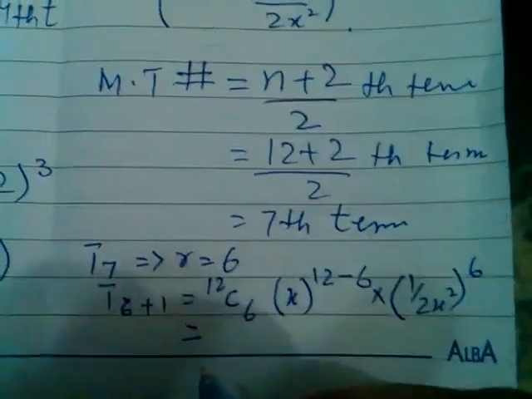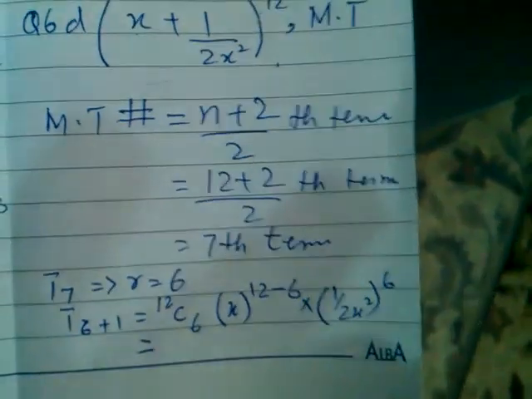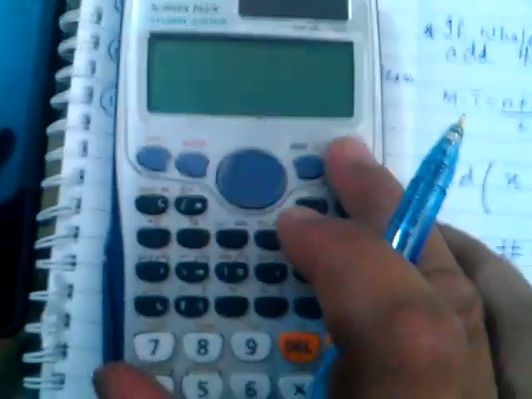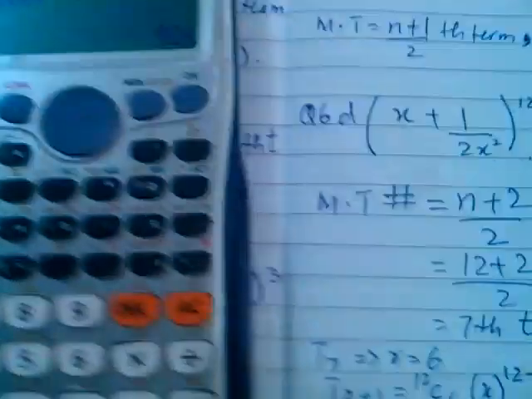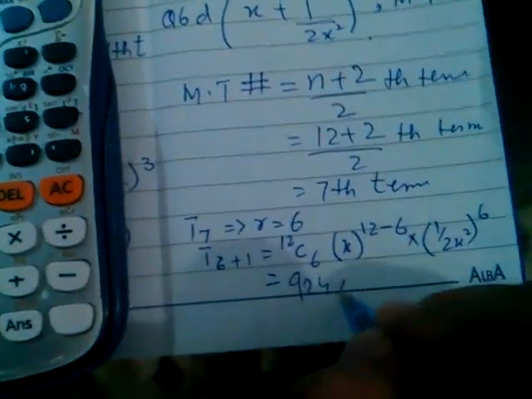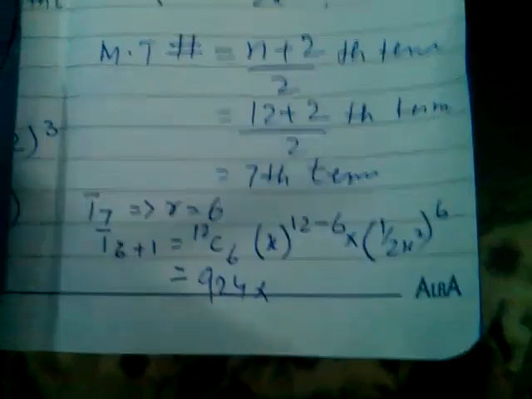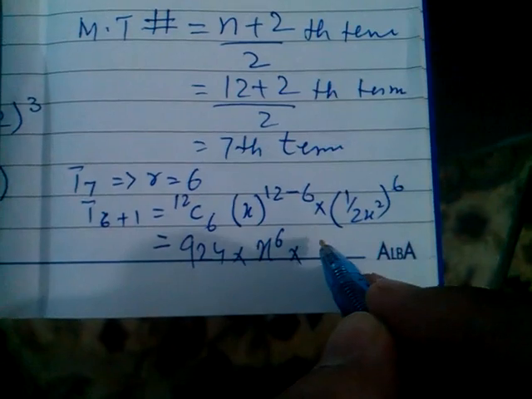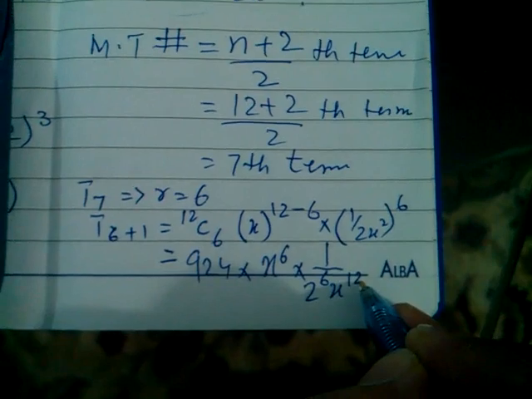Now I am going to simplify it. When I simplify this one, I am going to use my calculator. First of all 12C6, and the answer is coming 924. Multiply by, when I expand this part, x power 6 will be there, into this power 6 applied on 1 over 2, so 1 over 2 power 6 x power 12.